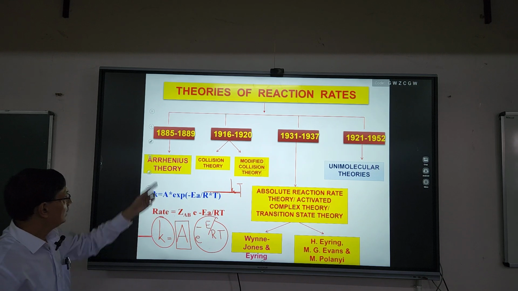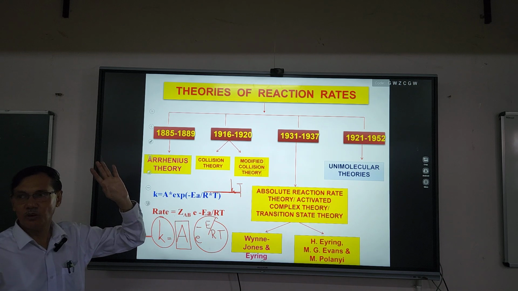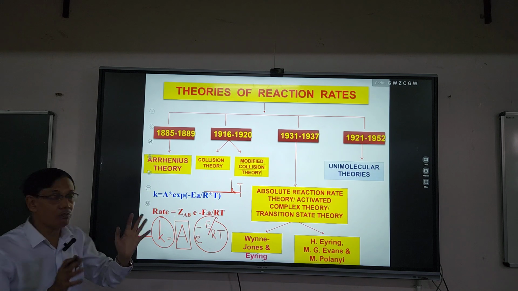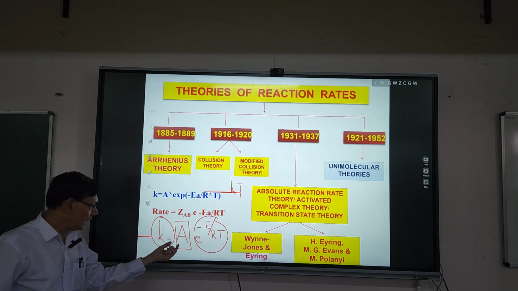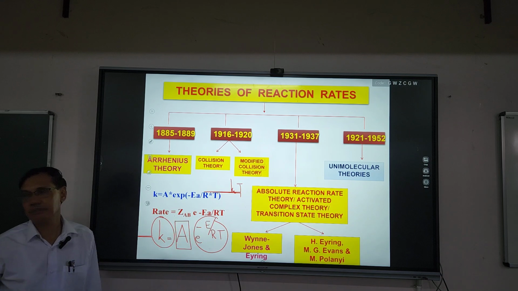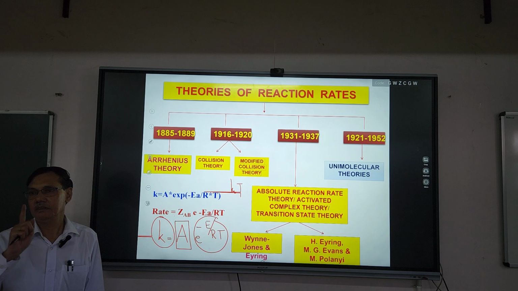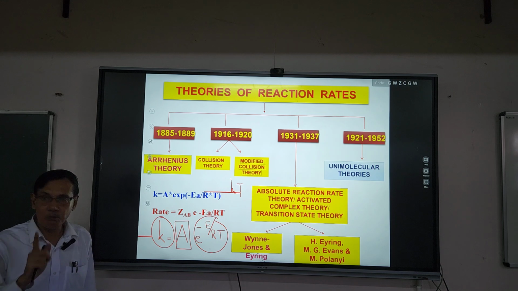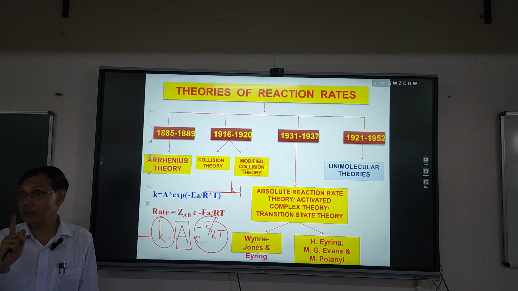So that was started in 1885, long back, and then there was some problem. Everybody is well aware of the Arrhenius equation. But if I ask you what is the demerit or most important problem of Arrhenius theory, because this is the starting point?